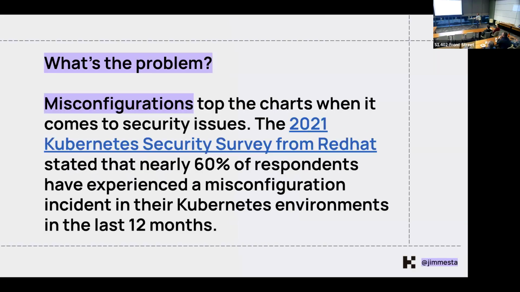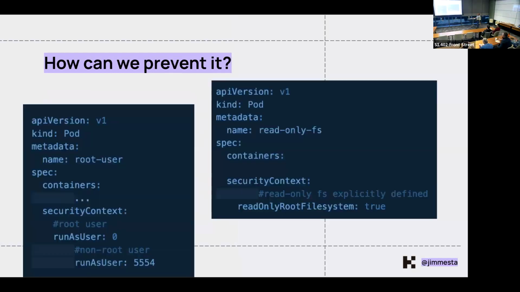Misconfiguration basically tops every list of problems every year, always and forever, because it's hard. Kubernetes is no different, and people are actively misconfiguring their clusters. Big surprise, right? Surveys will tell you that, but also real life experience will tell you that. And what is a misconfiguration in Kubernetes? Well, if you look at a container, which you're really at the end of the day just trying to get a container or multiple containers running with a certain set of configuration, you can make it do some weird stuff, right?